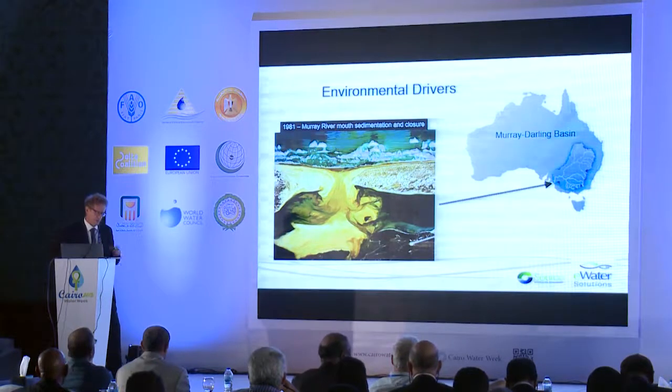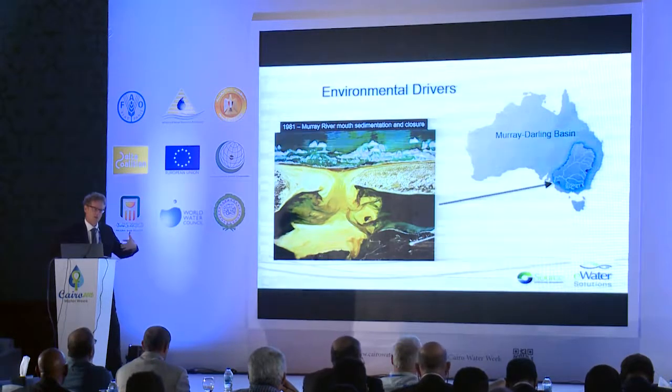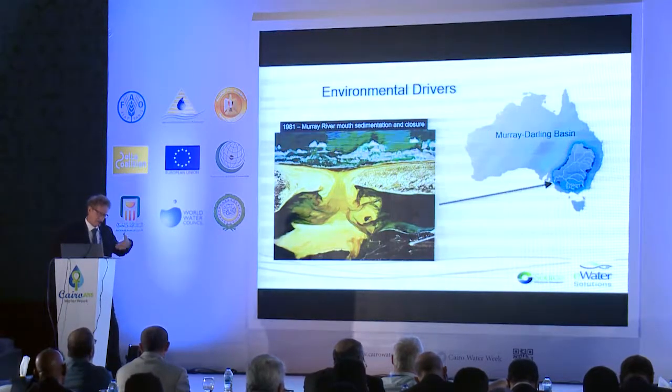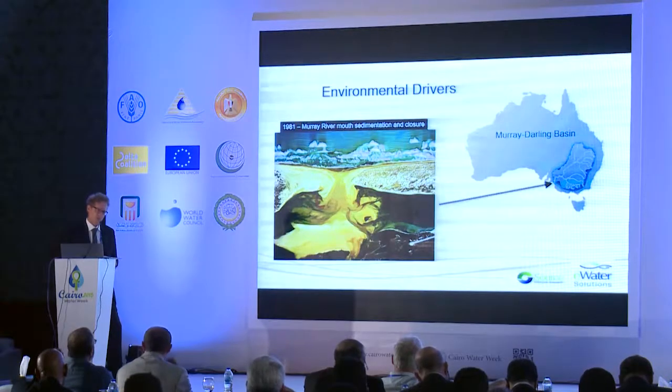This obviously had a lot of ramifications upstream as well as at the point of the opening. But this occurred because of the harsh drought in that decade, 2000-2009, but also the historical overuse of water in the river basin.